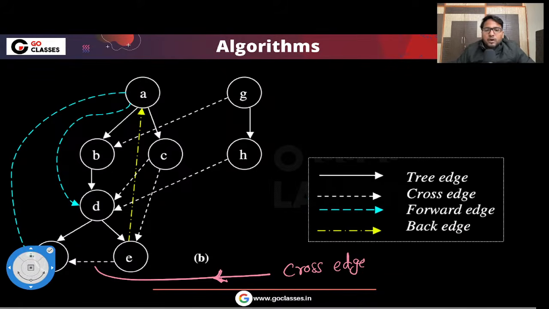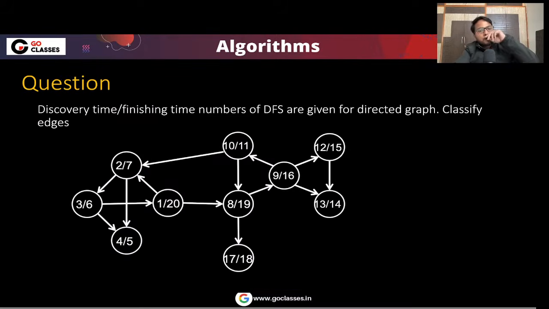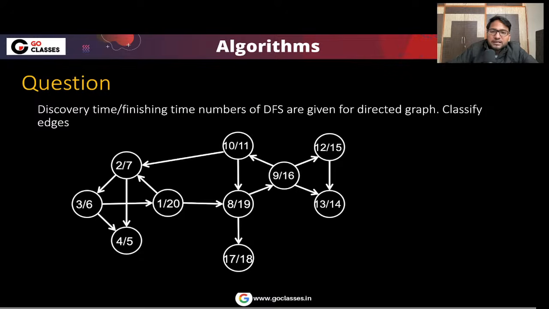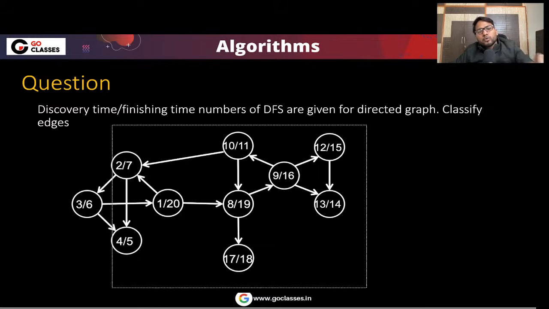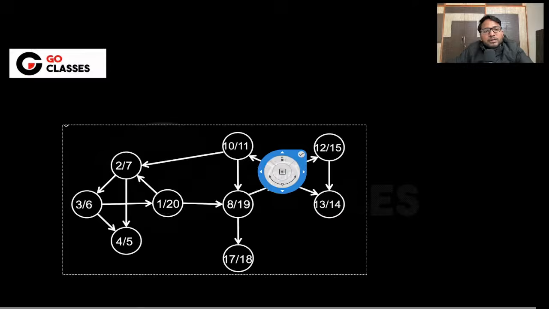So basically now you know how to classify the edges. Let's go to this question. The discovery time and finish time are given to you. Classify the edges based on this particular discovery time and finish time. What you need to do is make the tree or the forest.